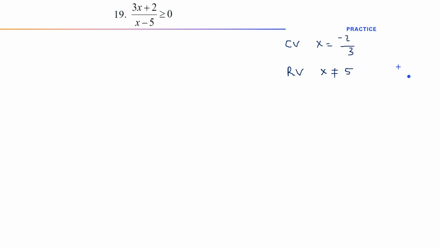So at x equals 5, the result of that rational will be undefined. So we will set up positive infinity, negative infinity, negative 2 over 3 and 5, right? So the two factors here are 3x plus 2 and x minus 5.